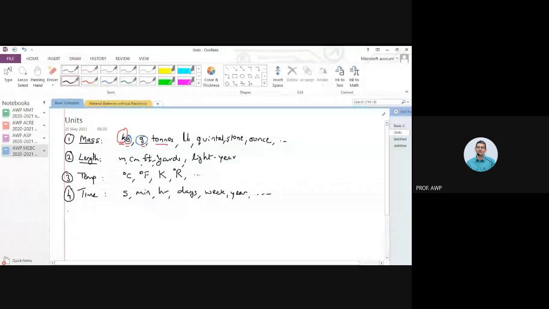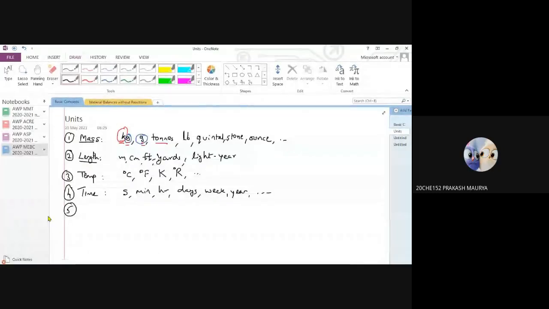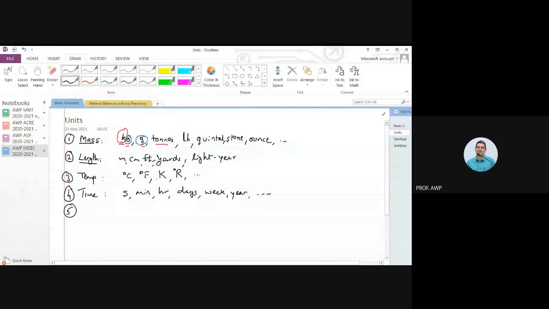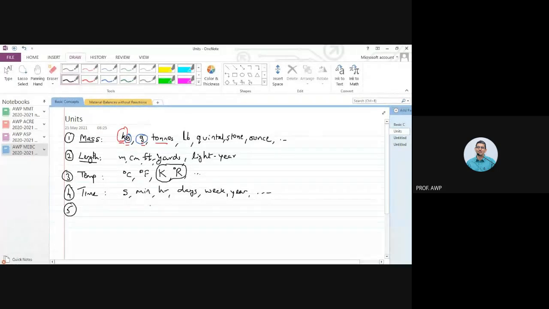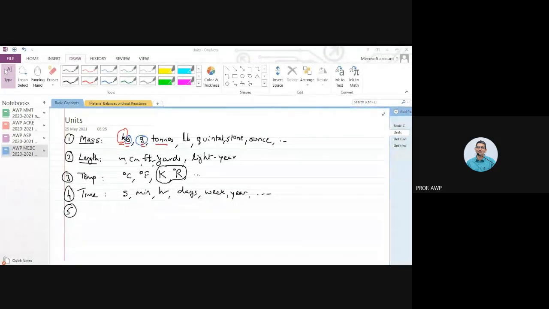Sir, what is the conversion factor between Rankine in temperature and Kelvin? Kelvin and Rankine, if you see some old books, some 463 something, I also don't remember now, because it's not something that you use very often.